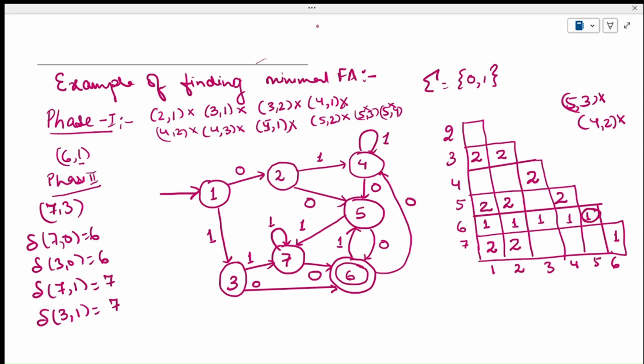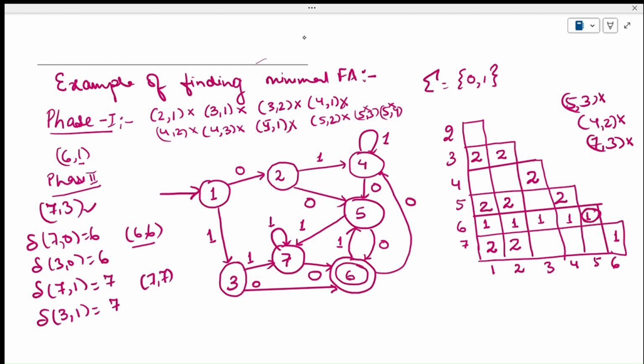Now see, again we have this category of the choice where 6 6 7 7 is there, and 6 6 7 7 is never going to be available in the table. We can clearly see the table. We do not have cells with 6 6 7 7 values, so therefore this 7 3 is not going to be marked ever. I'll write it here, 7 3 is never going to be marked.